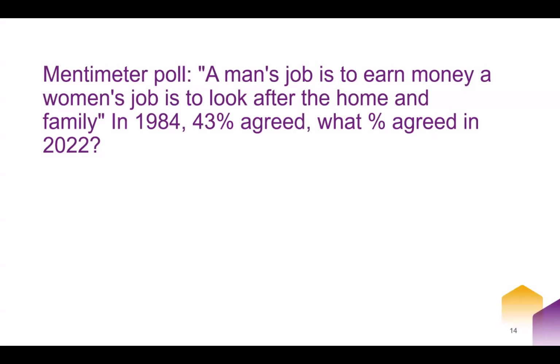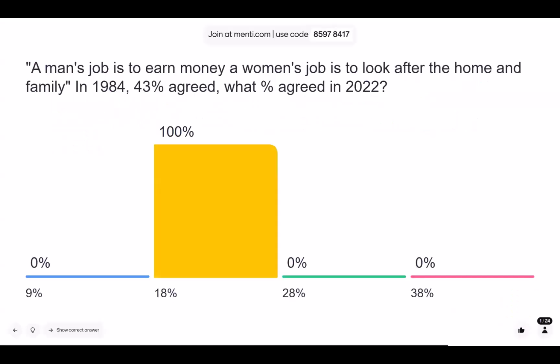In 1984, the survey asked people how much they agreed with the statement, a man's job is to earn money and a woman's job is to look after the home and family. In 1984, 43% of people asked agreed with this statement. What percentage do you think agreed when the same question was asked in 2022? So do you think 9% agreed, 18%, 28%, or 38%?